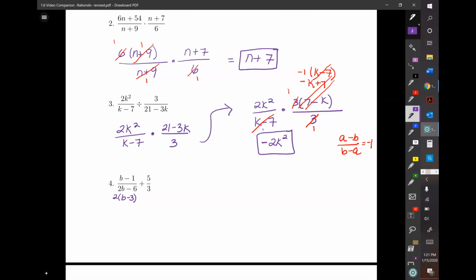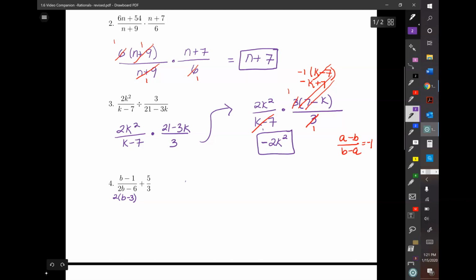So I can add the fractions. So I need to think, what are my missing factors? On the first denominator, I have 2 times quantity b minus 3. In the second denominator, I have a 3.